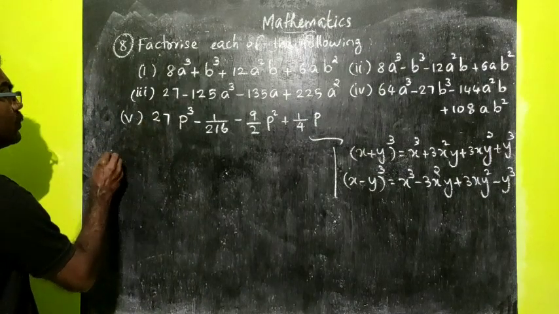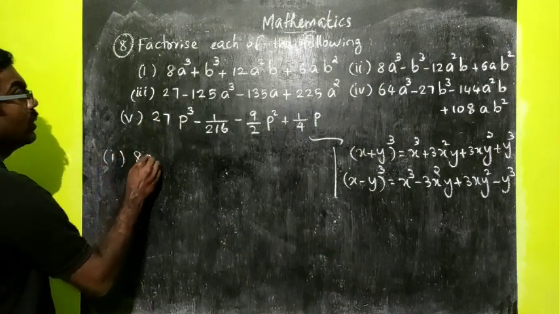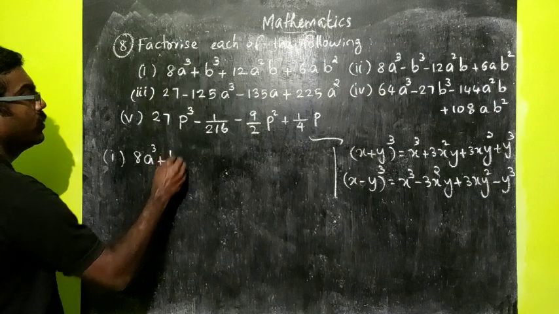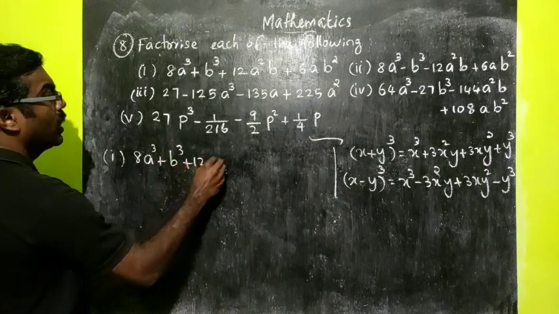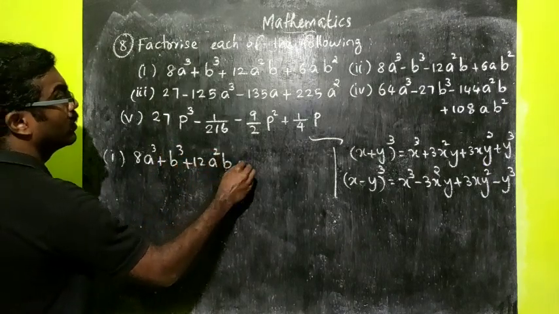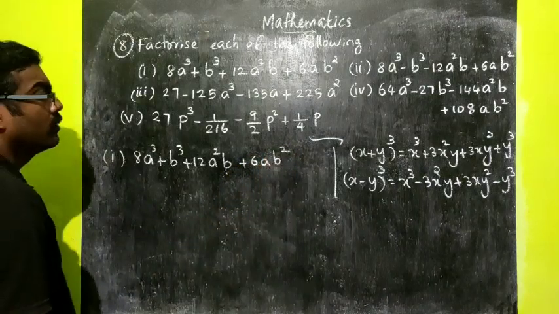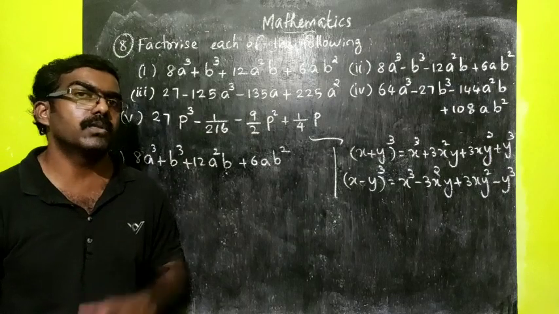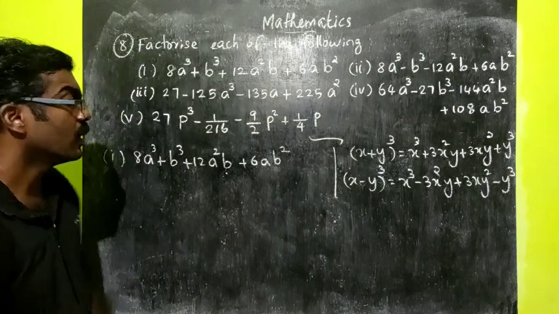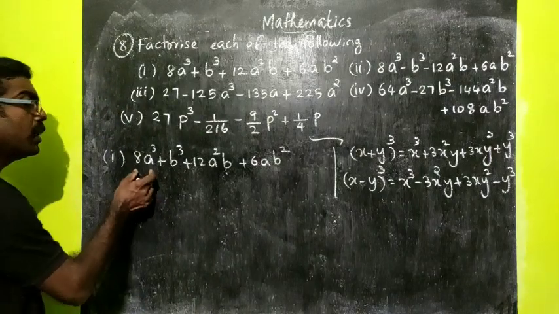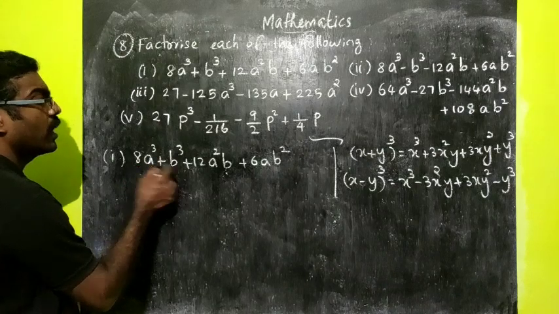So the first one is 8a cube + b cube + 12a square b + 6ab square. First of all, we have to identify the values of x and y. Here the cube terms are 8a cube and b cube.